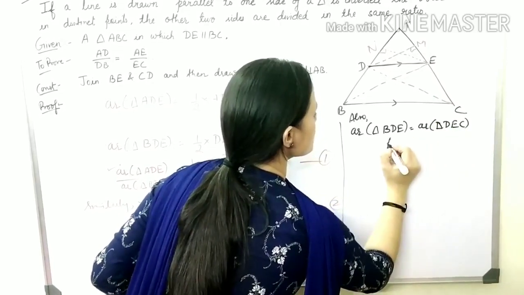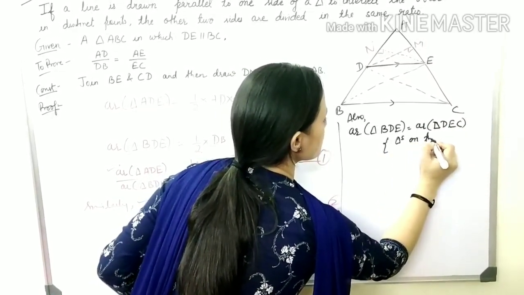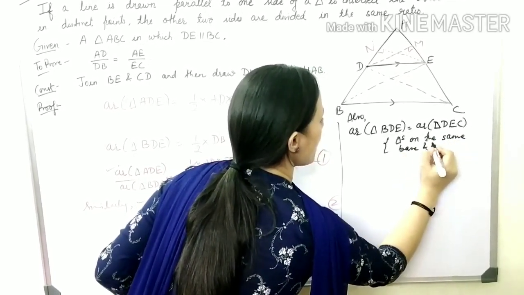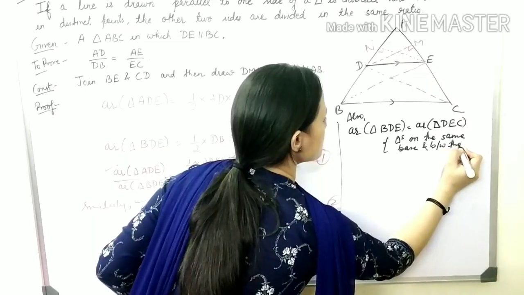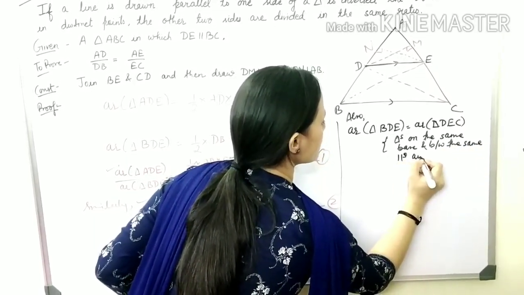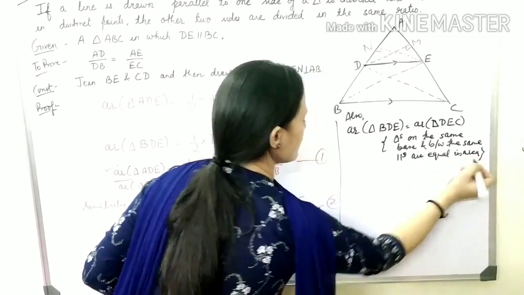Why? We should give the reason: because triangles on the same base and between the same parallels are equal in area. Fine.